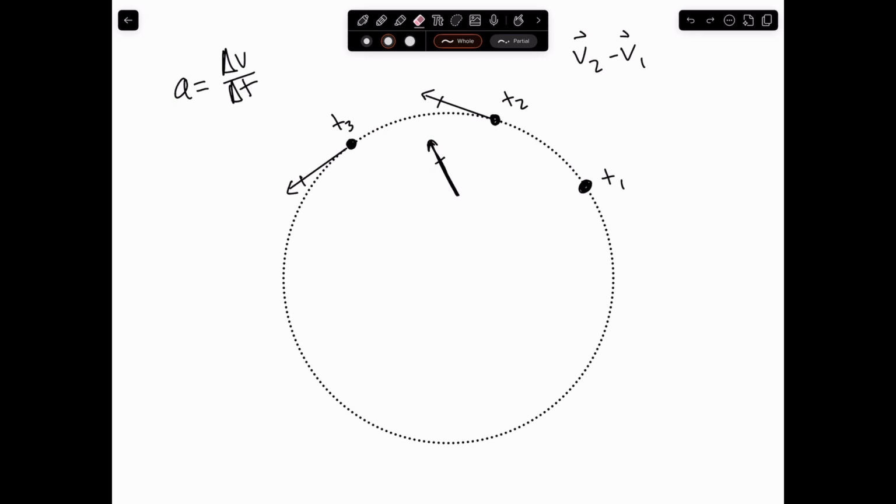So instead of going up and to the left, it's going to be going down and to the right. We'll use the tip to tail technique, and then we have the subtraction vector being the tail of the first vector to the tip of the new vector, and this red vector I've just created is our delta v vector.